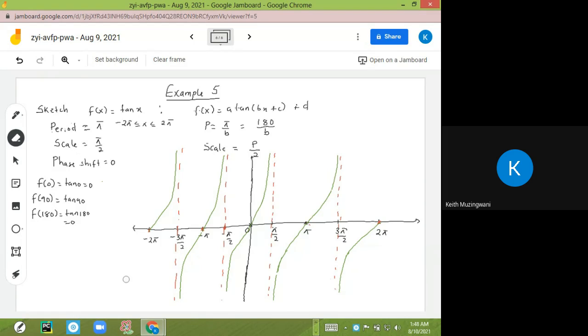Every after 180, from 0 to 90 it's there, at 90 it's undefined, from 90 to 180 it's there, 180 to 270 is there, and at 270 it's undefined because tan 270 is also undefined. And that's how the sketch comes out in that orientation.